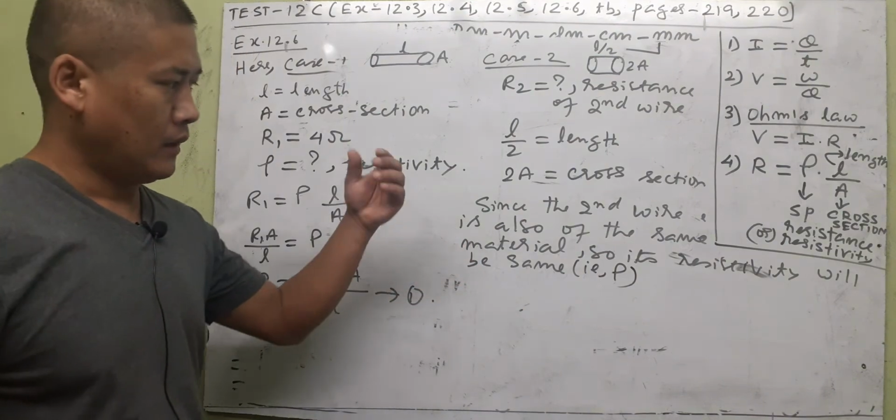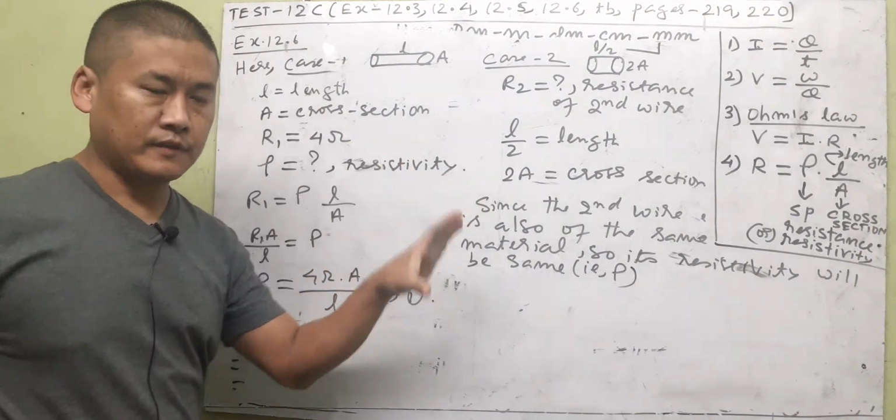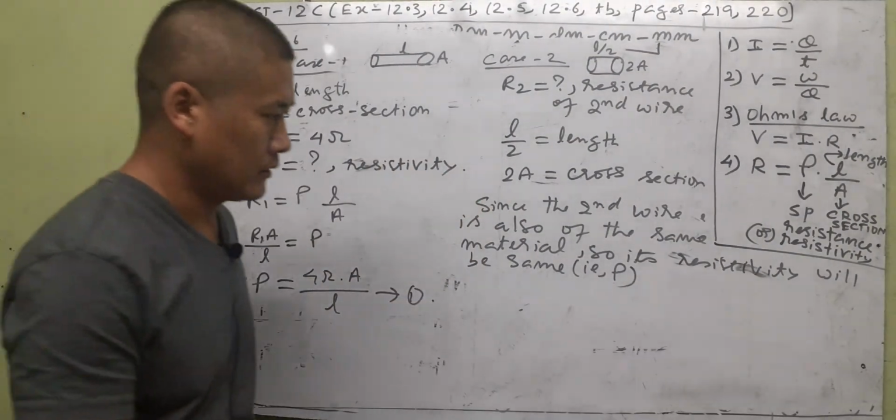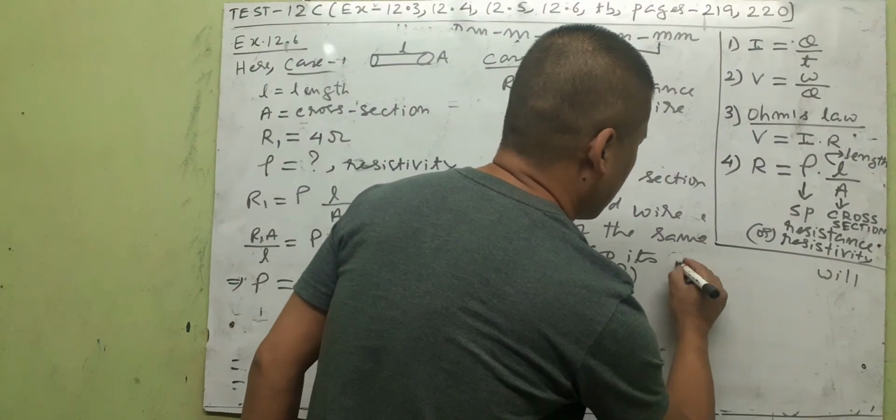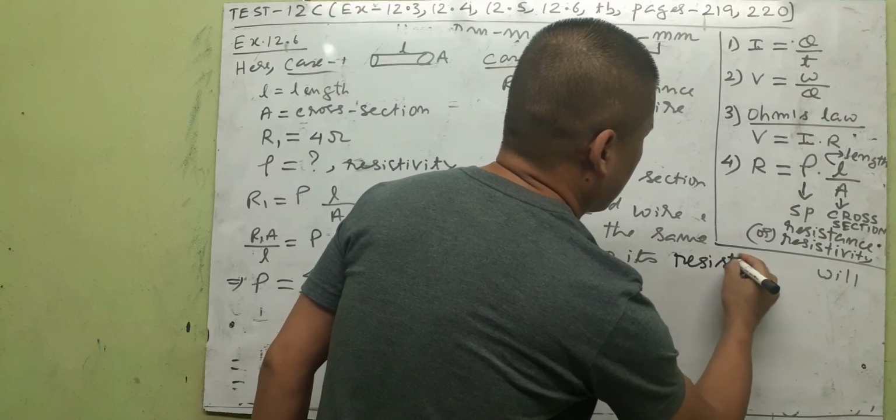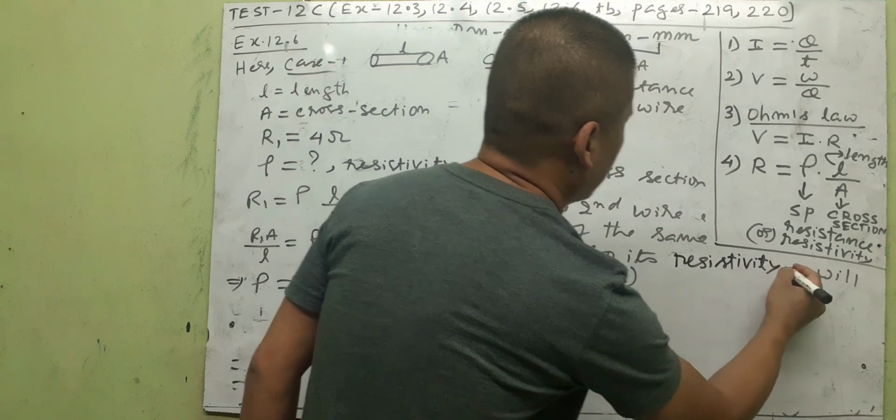Remember this: wires of the same material always have the same resistivity. Okay, so let us remember that and do this.